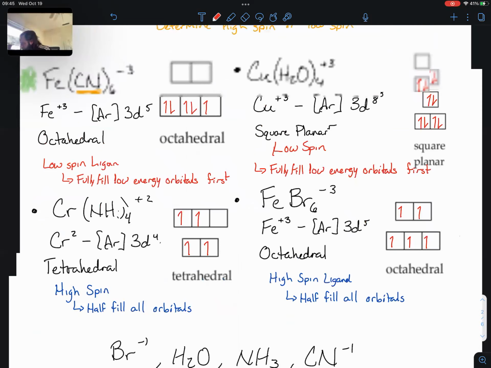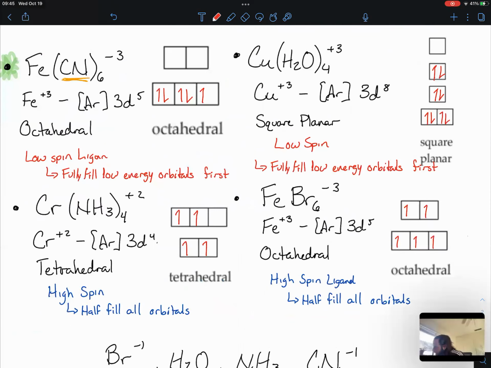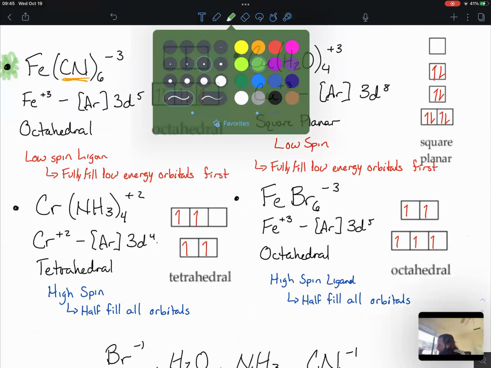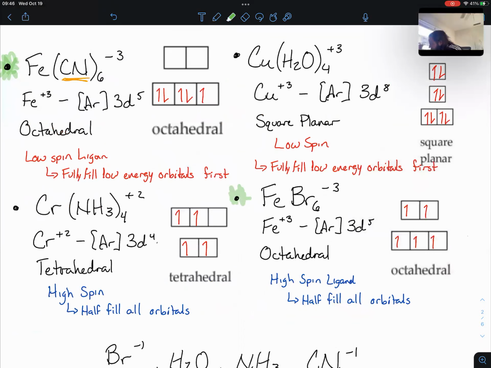All right, and I specifically chose these 2 examples because they have the same iron(III) ion. The difference is the ligand, and one of them is low spin, leading to this filling pattern here, whereas the other one is high spin, leading to this filling pattern here.